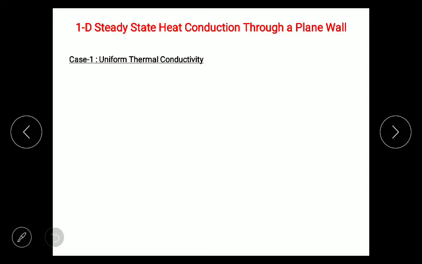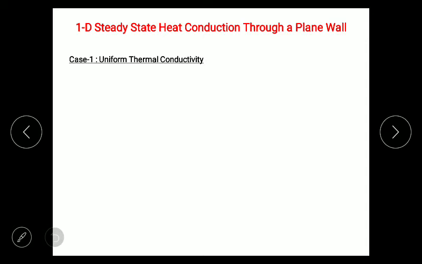So every body may not have uniform thermal conductivity throughout, right? But for our assumption, in some cases we assume the body possesses uniform thermal conductivity, and in some cases we assume the body has a variable thermal conductivity. That depends on the case we are going to solve.